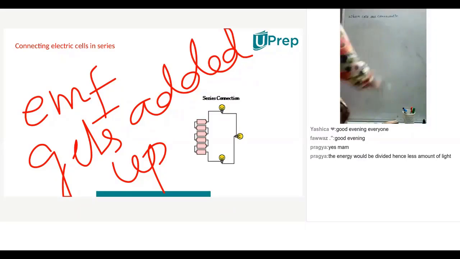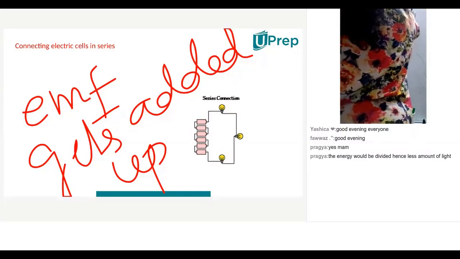Now let us get into another connection, which is parallel.